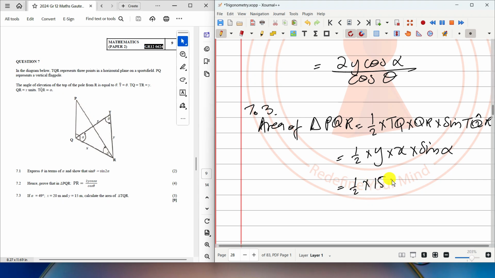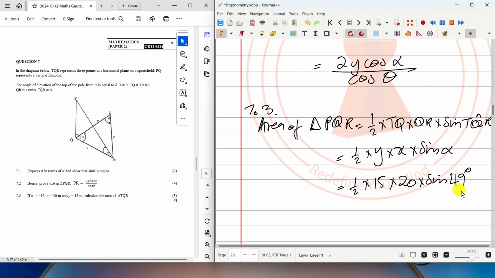Y is 15, X is 20, times sine 49 degrees. On the calculator, half times 20 times 15 is 150, so 150 times sine 49.